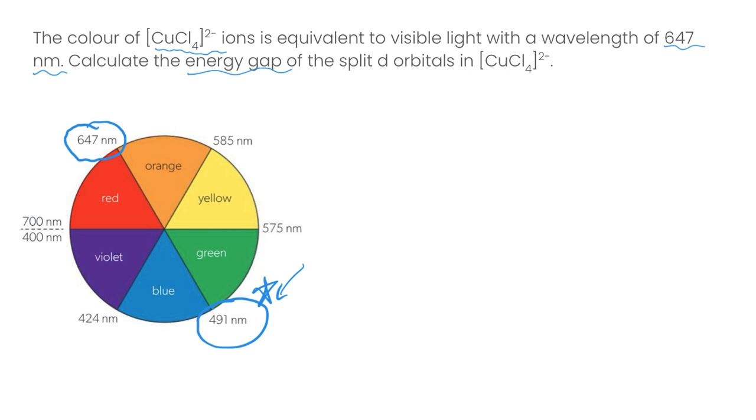So first of all, we need to get the frequency of light in order to calculate the energy. So let's start there with our c equals frequency times lambda. And so we've got 3 times 10 to the 8 meters per second is equal to frequency times the wavelength, which is 491.